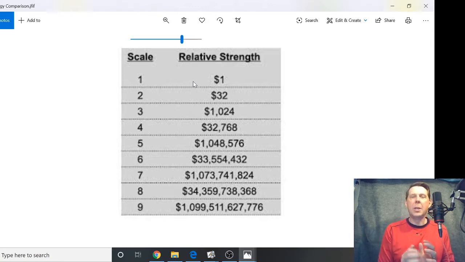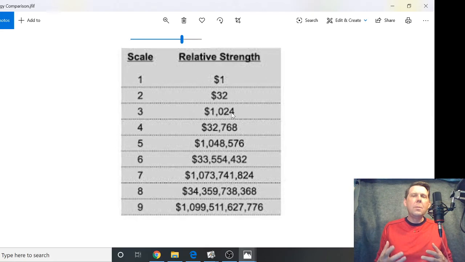That energy level goes up 33 times every time you move up on the Richter scale. So the difference in energy between a 1 and a 3 would be like the difference between having $1 or $1,024. That's a lot more energy in that earthquake from just a 1 or a 3.